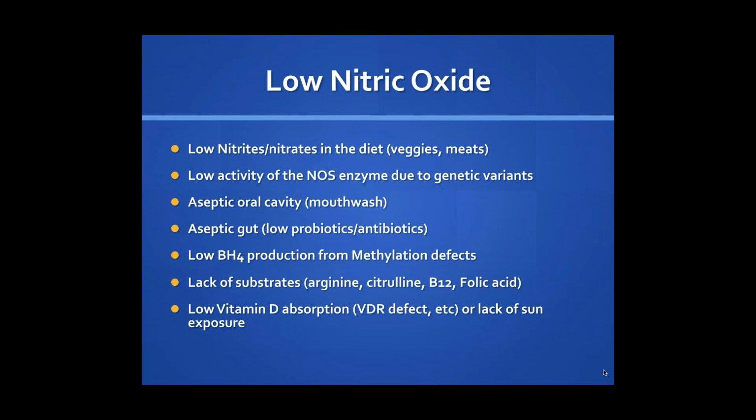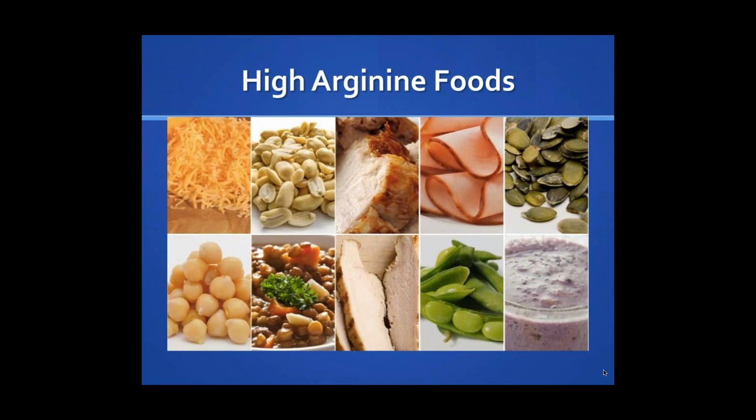Other causes are low activity of the nitric oxide synthase enzyme due to genetic variants, and I'll show you those in a little bit; an aseptic oral cavity through mouthwash; an aseptic gut through low probiotics and antibiotics; low BH4 production from methylation defects, or lack of substrates, which are arginine, citrulline, B12, folic acid, again, the methylation products; and low vitamin D absorption through vitamin D defects or lack of sun exposure. And that's another way we can get nitric oxide, through sun exposure, so it's created in our skin. High arginine foods are the nuts, peanuts, etc.